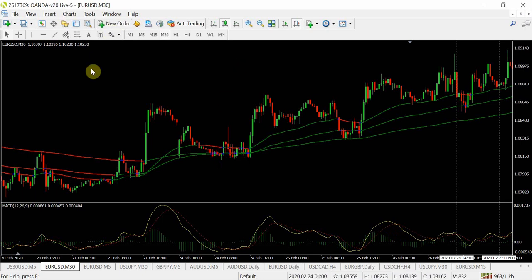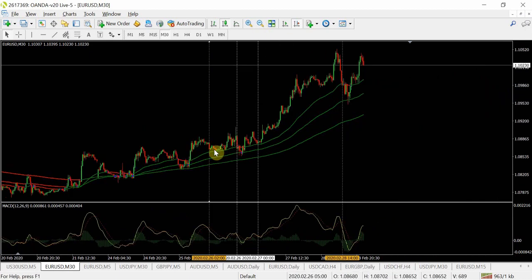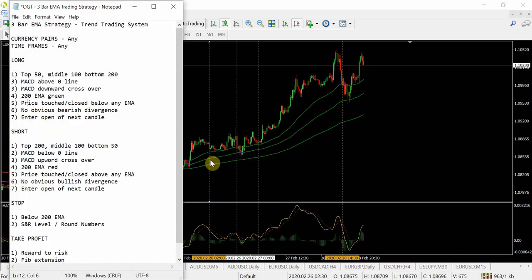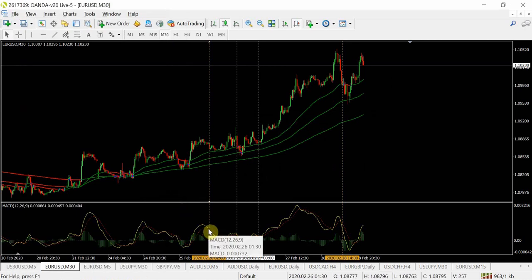Then our next signal is over here. If we go back and zoom out slightly, we've got the three EMAs in order, MACD above the zero line, which it is, and a MACD downward cross, which, as you can see, crosses over the signal line over here.